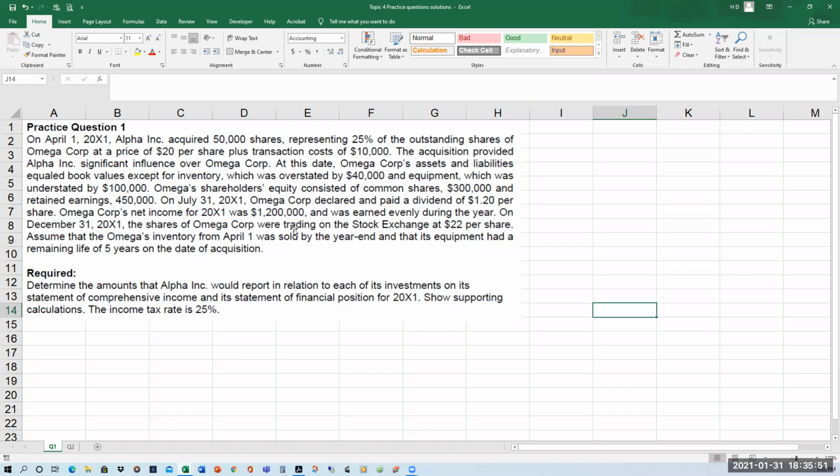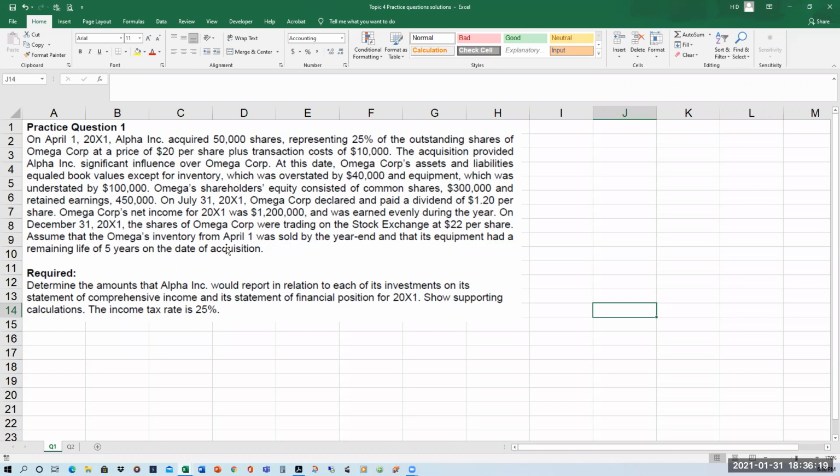The shares of Omega Corp were trading on December 31st, 2001 at $22 per share. We don't adjust the investment to fair value, but if this amount is available, as is the case here, this is reported. We don't adjust the investment account per se, but this is disclosed in the notes.